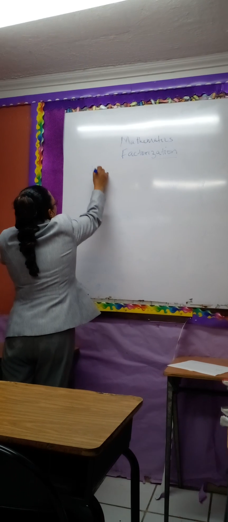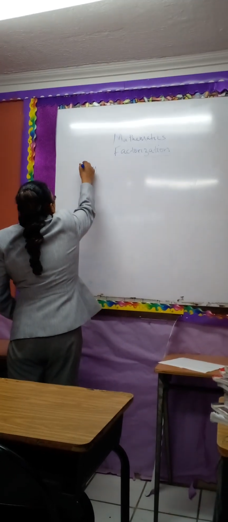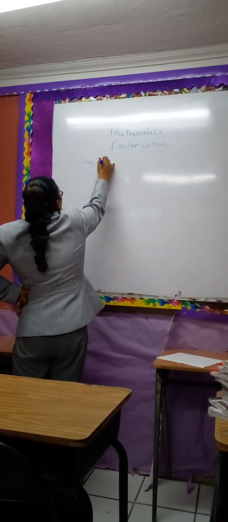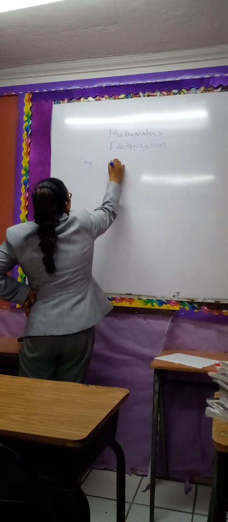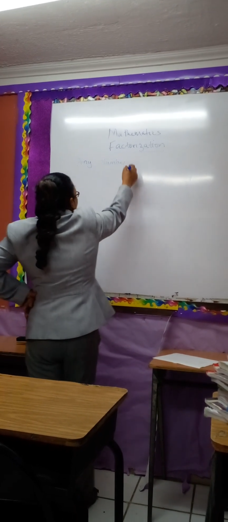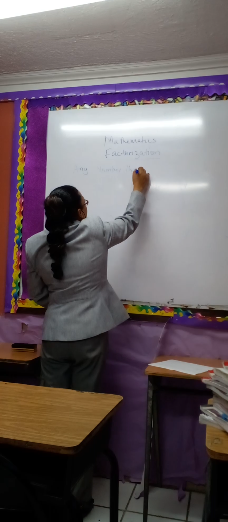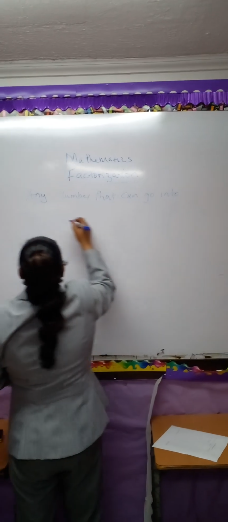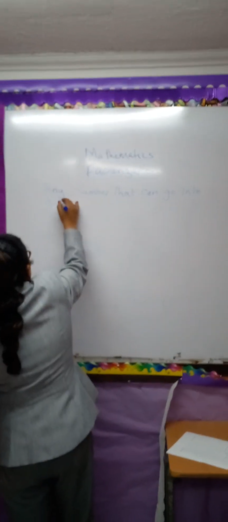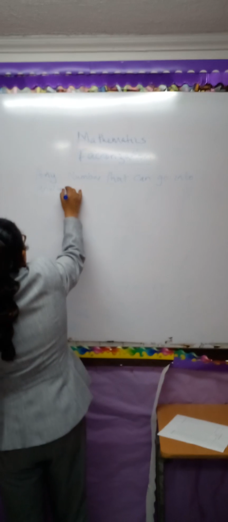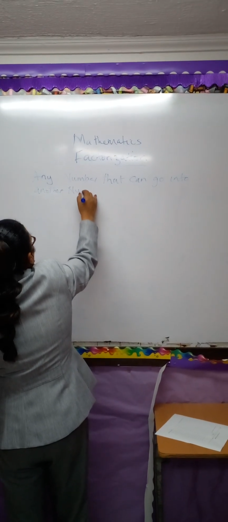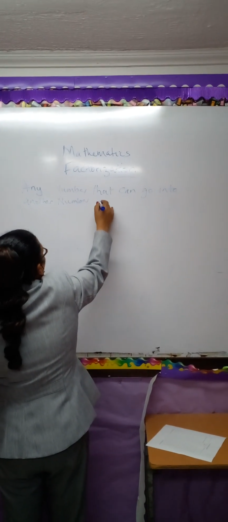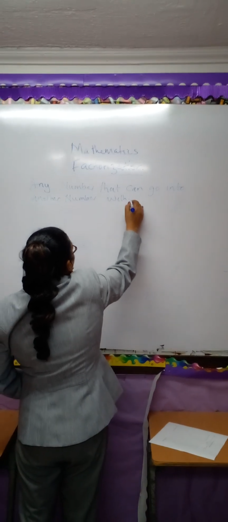A factor is any number that can go into another number without a remainder. Let's get that. What is a factor? Any number that can go into another number without a remainder.